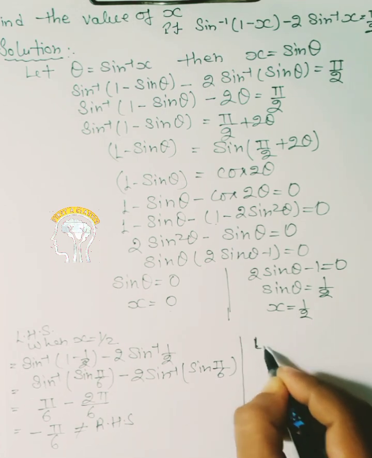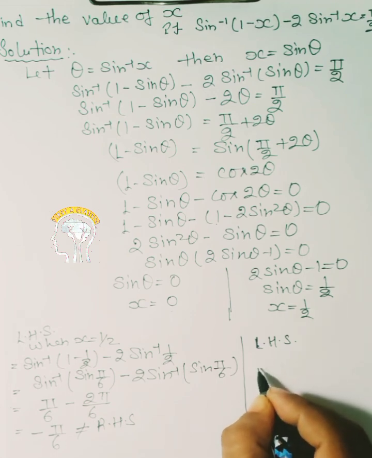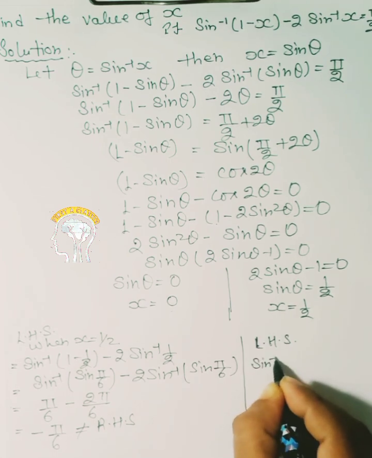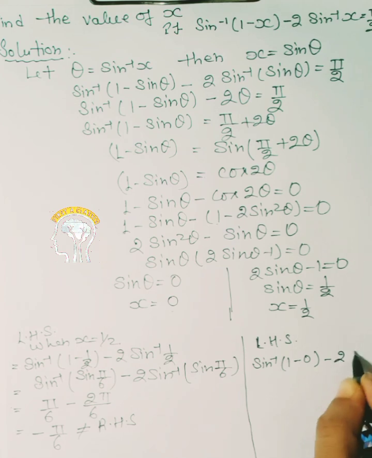So we take the left hand side, sine inverse (1 minus the value of x, which is 0) minus 2 sine inverse 0.